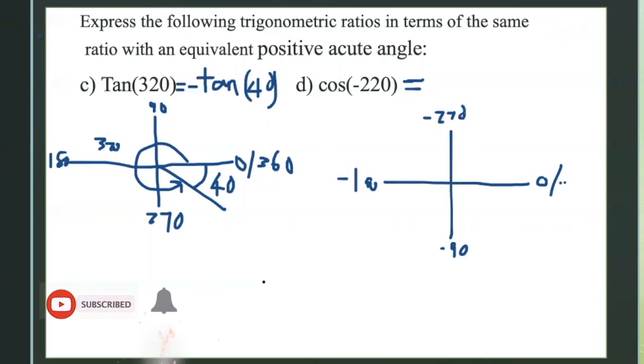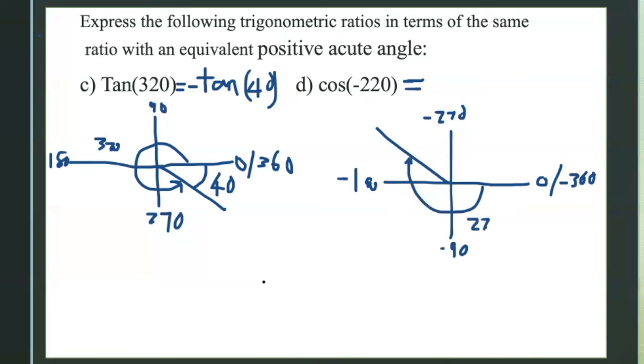Now we need to identify where minus 220 will lie. It will be between negative 180 and minus 270. So I draw my terminal ray. This is 220 degrees in the clockwise direction, hence the minus sign.